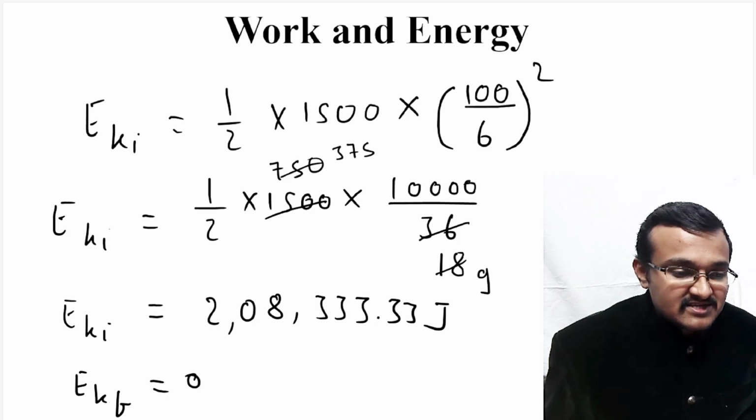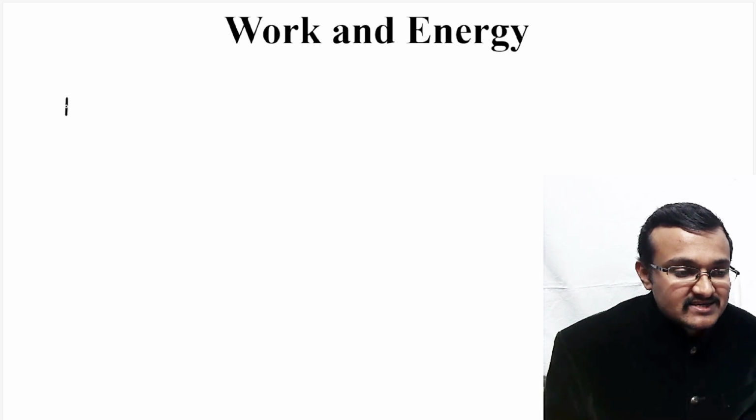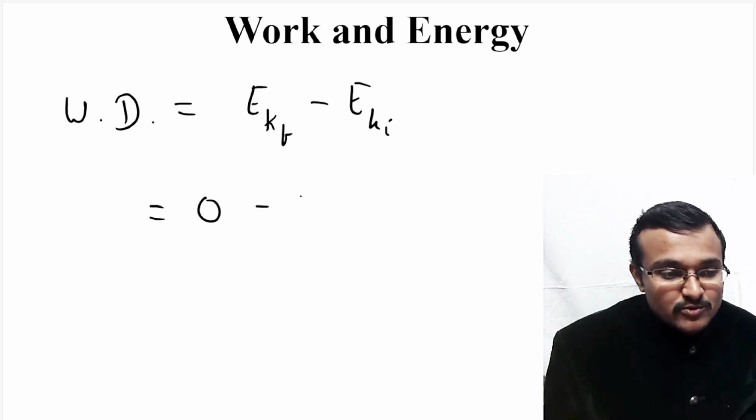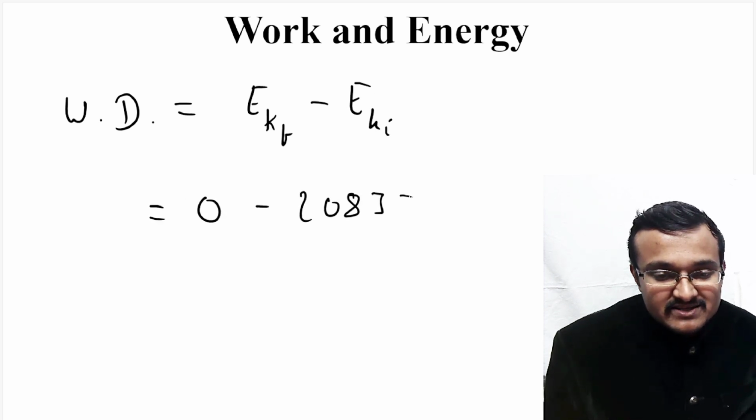So what is the final kinetic energy? Final kinetic energy is 0. So now you have to calculate work done. Work done is equal to the difference in kinetic energy, so EKF minus EKI. What is the initial and final kinetic energy? 0 minus 2,08,333.33.